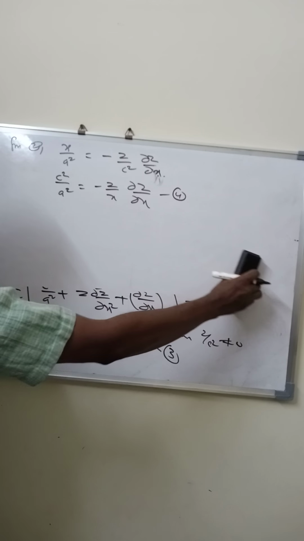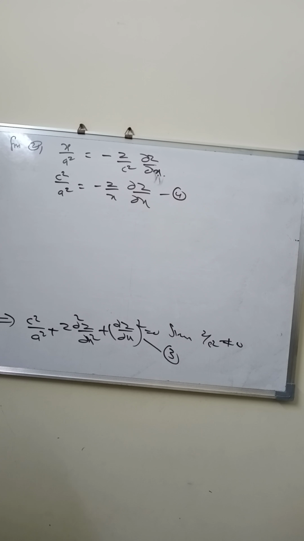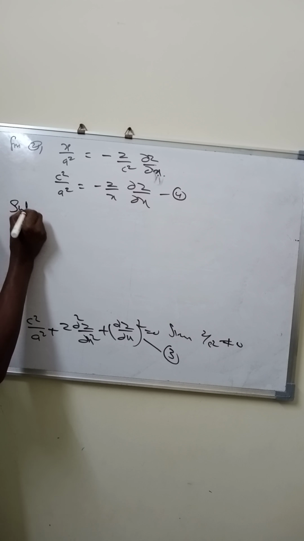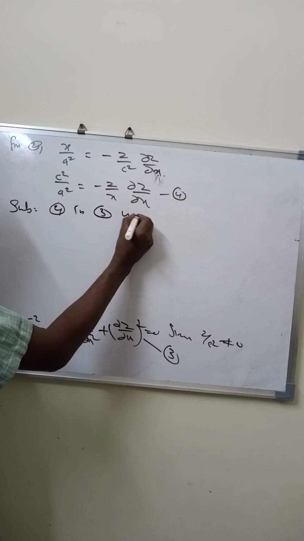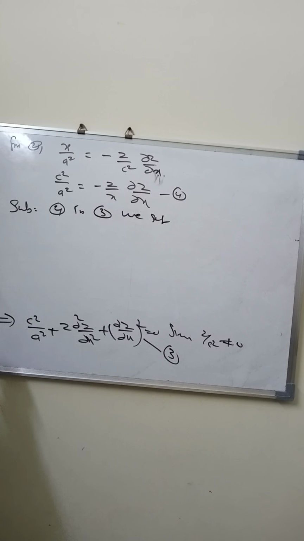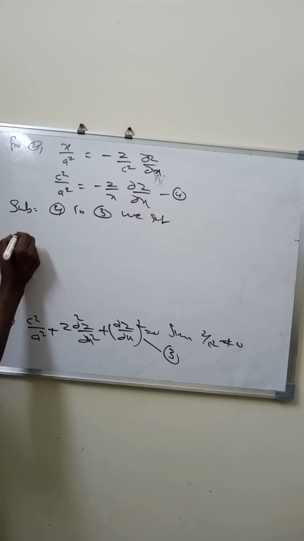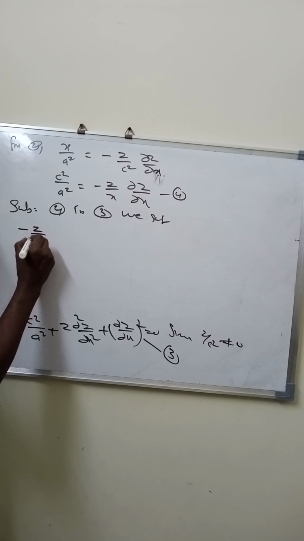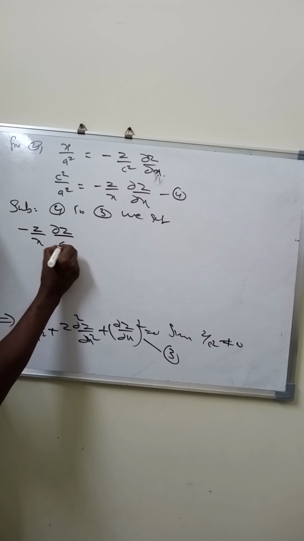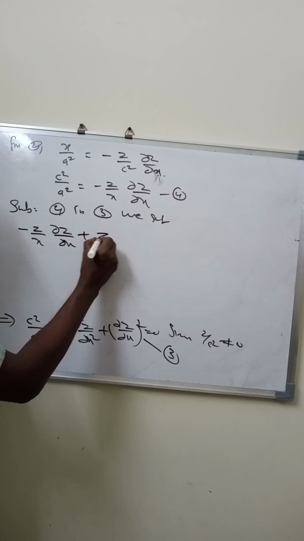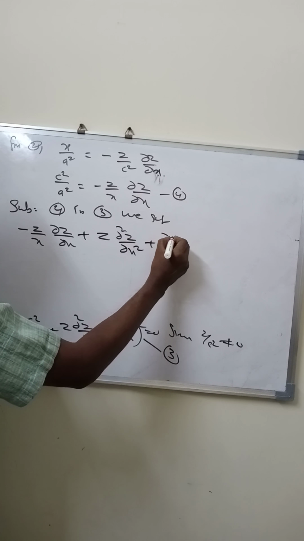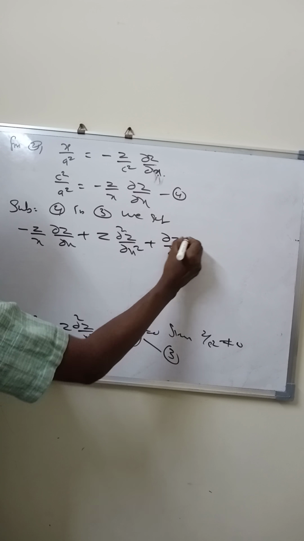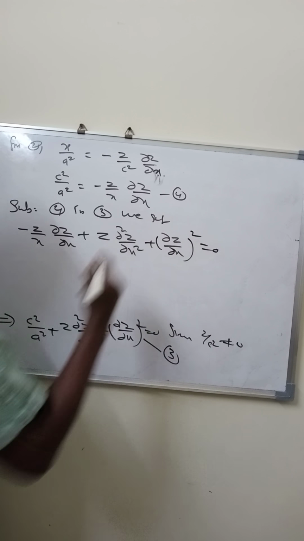Substitute 4 in 3, what will you get? We can write c square by a square as minus z by x dz by dx, so minus z by x partial dz by dx plus z into d square z by dx square plus dz by dx the whole square equal to 0.